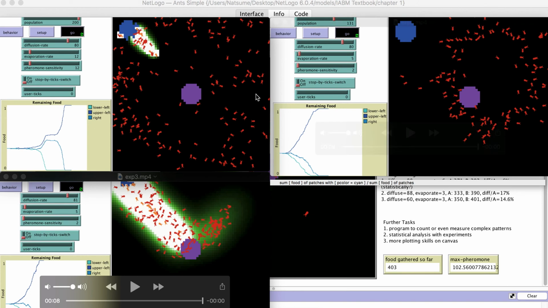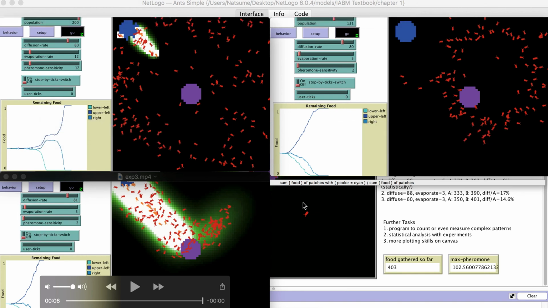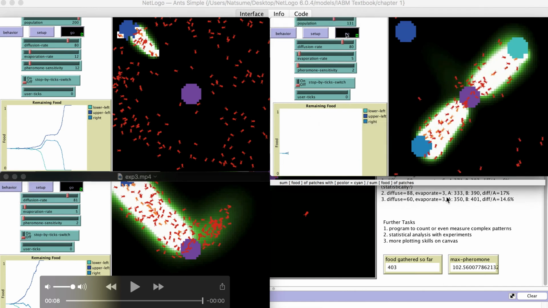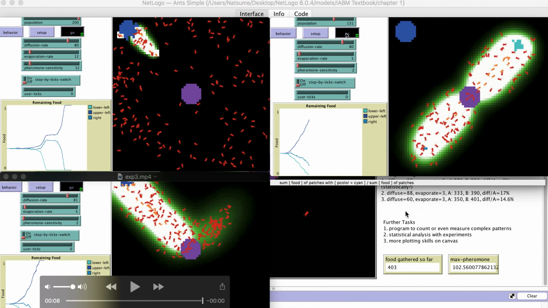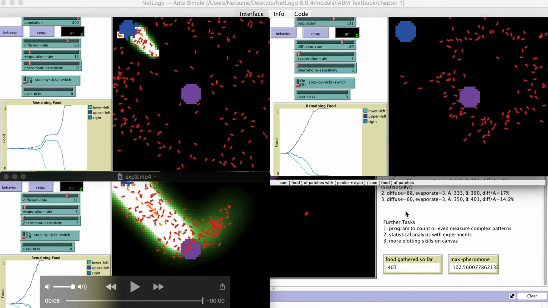To help us know this can be achieved most of the time as long as we set the parameters right. And also, patterns like this, getting two piles of food at the same time, can also be the results of a different set or different range of parameter settings.